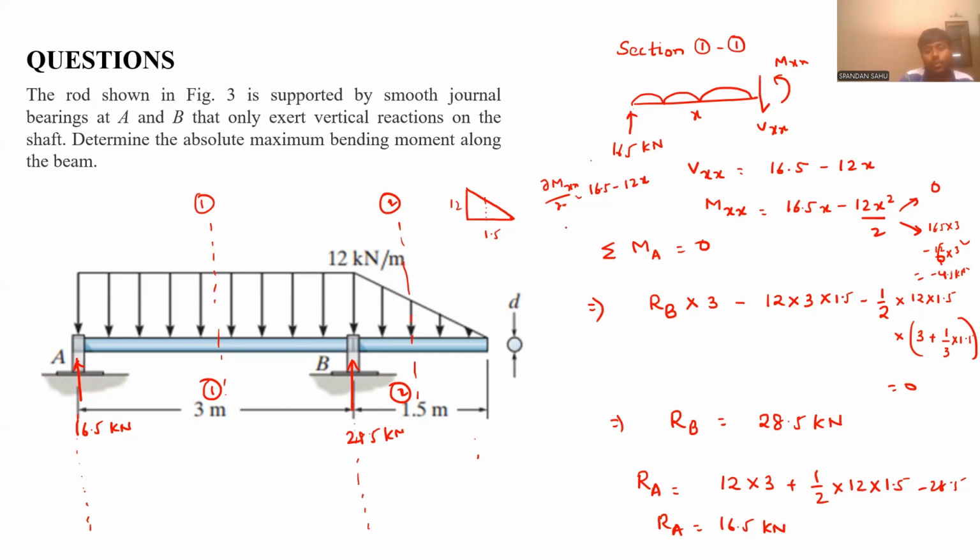So at x equal to 1.375 meter, you are going to get a maximum. So you just substitute 16.5 into 1.375 minus 6 into 1.375 square.